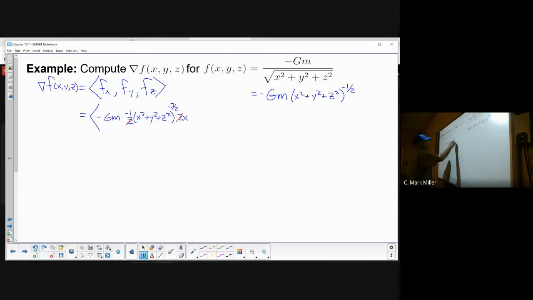Now, just for a second, leave these next to blank, because you're going to see a pattern. These negatives cancel. The 2's cancel. You got gm on top times x divided by x squared plus y squared plus z squared to the 3/2.